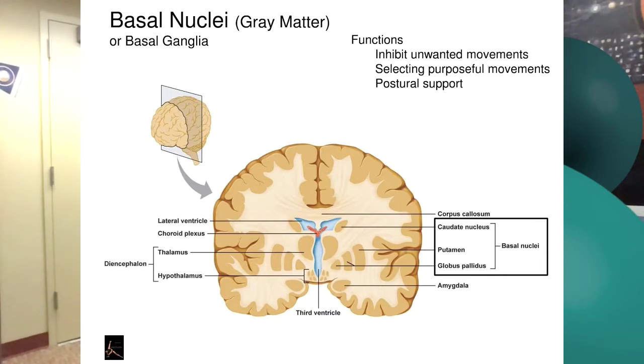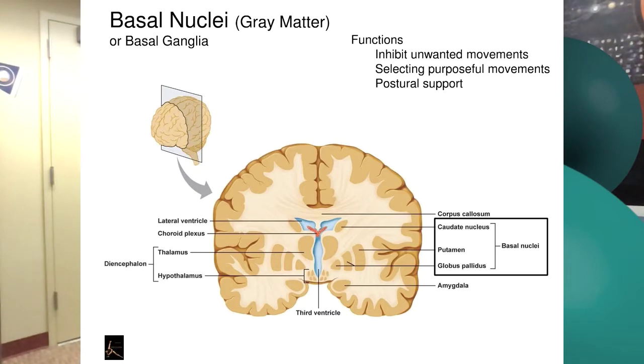So basically, these are the portions that inhibit unwanted movements. Okay, so when you are moving your muscles, there's actually some stimulation of muscles that you don't want to move. And so this controls for that, and it's got an inhibitory role in motor control.